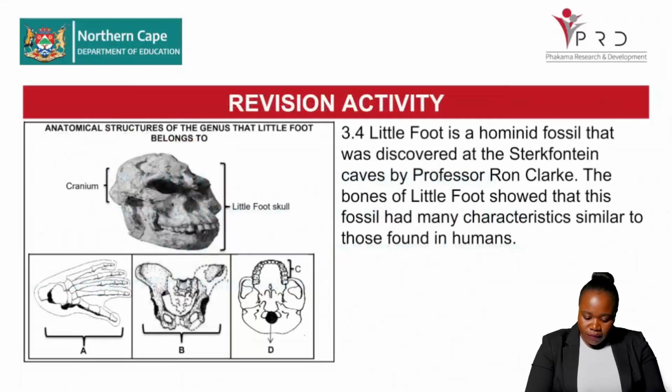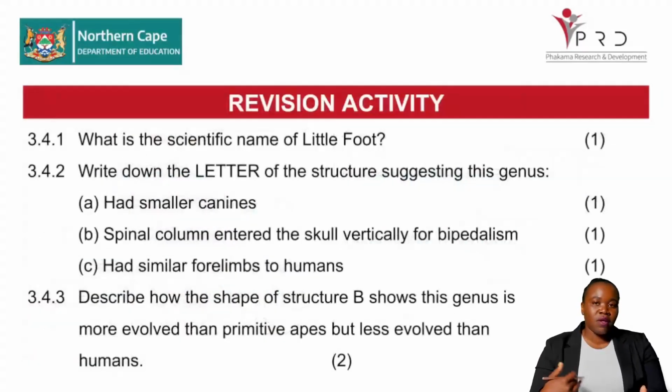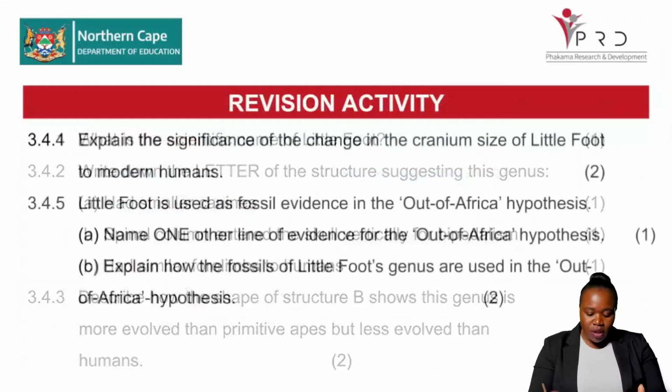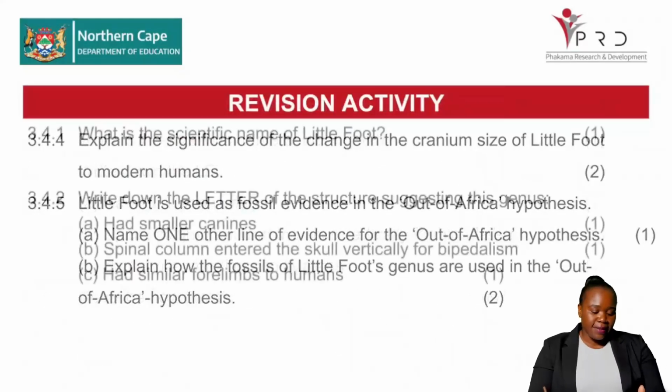The bones of Littlefoot showed that this fossil had many characteristics similar to those found in humans. So as we can see, we are looking at the hand, the pelvic girdle, the skull, together with the foramen magnum and the shape of the teeth. Right. So just a few minutes, go through the questions so that we can be able to discuss them.